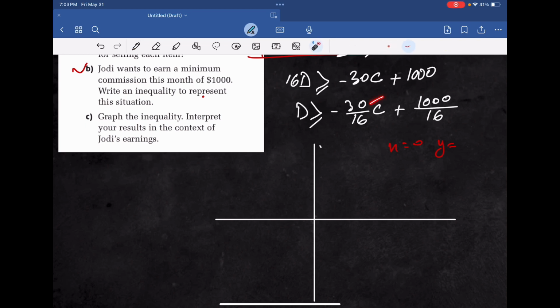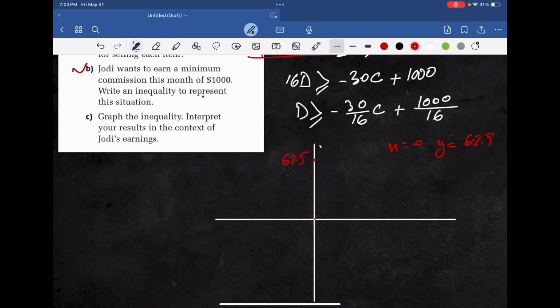This will be 1,000 over 16, which is 1,000 divided by 16. I think 62.5. Yeah, so it is 62.5. So if x is 0, y will be 62.5.